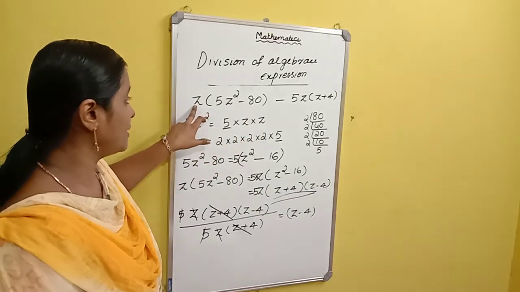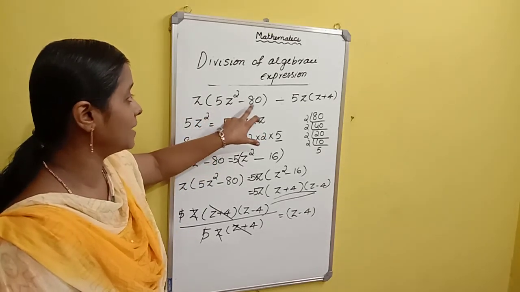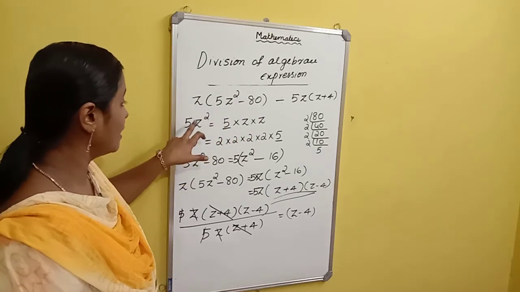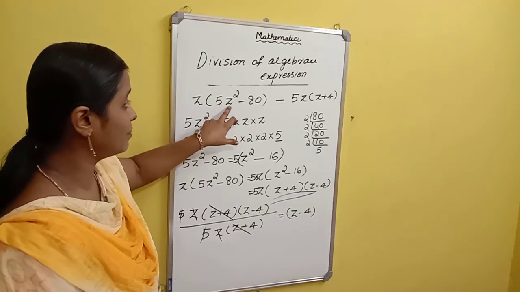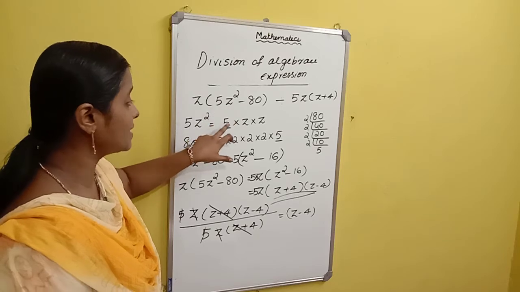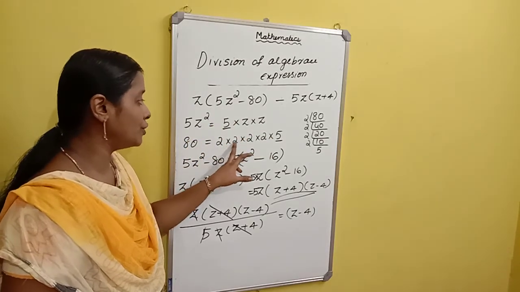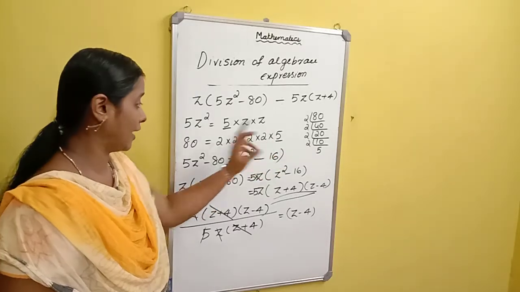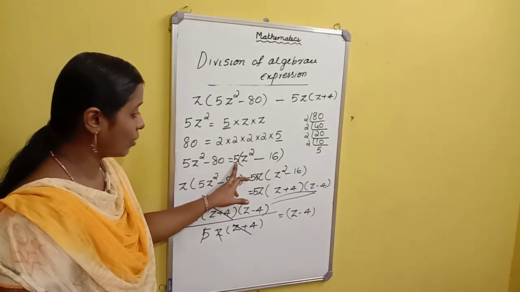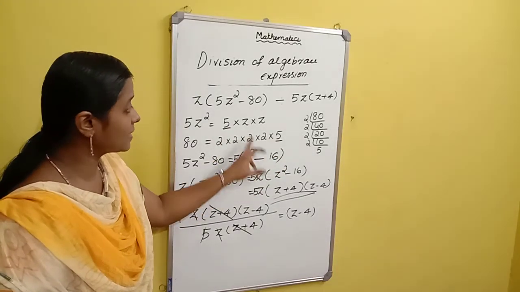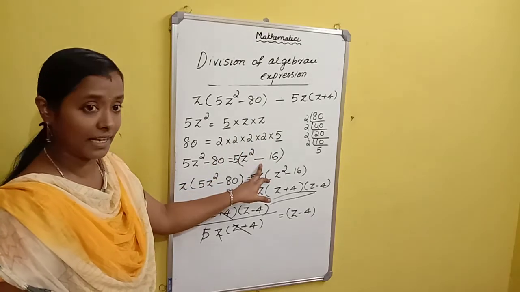So z into 5z square minus 80. So z is there. First we want to simplify in bracket. So 5z square means 5 into z into z. 80 means what? 2 into 2 into prime product. Okay, fine. 5 is common. So we take outside 5 into z square minus 16. Clear?